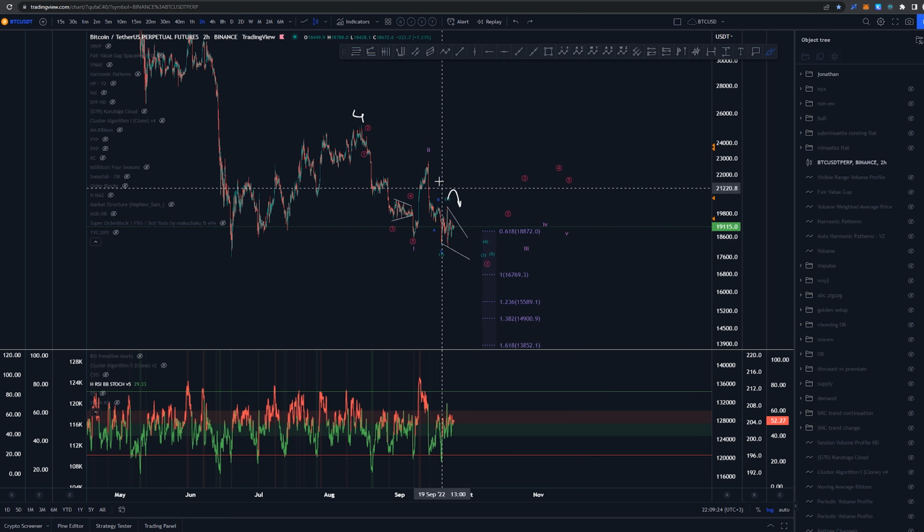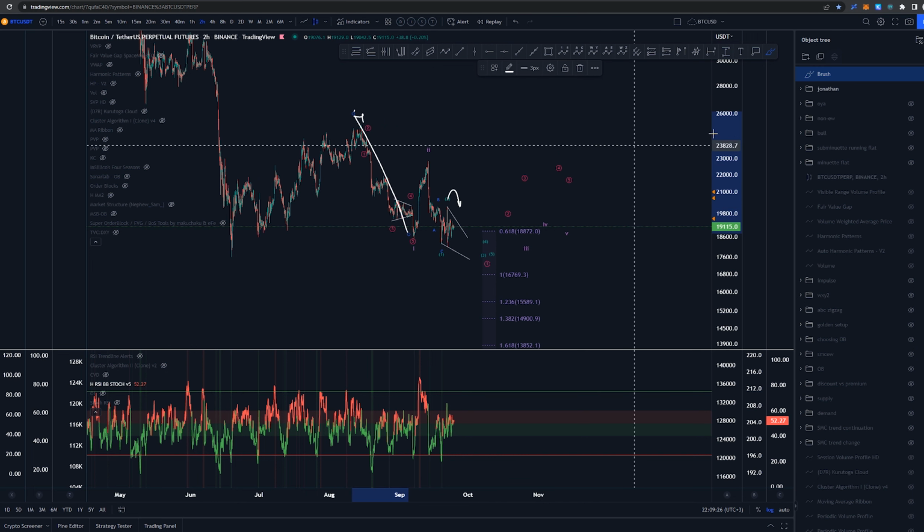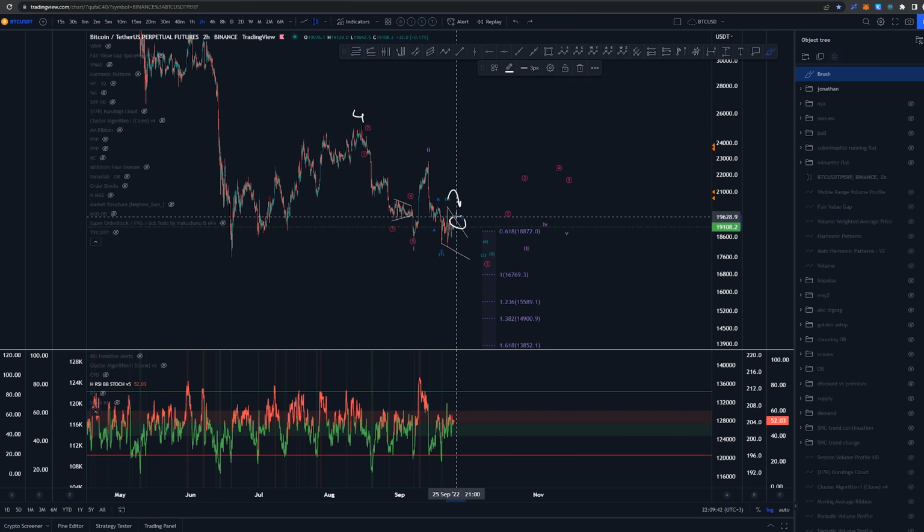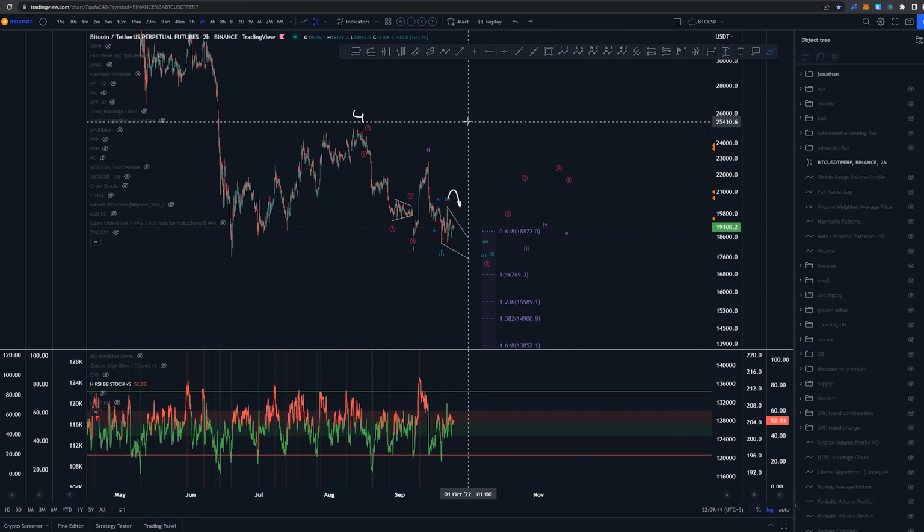Whether it's going to be doing it with this count in mind or not, we'll see. But yeah, that is going to be very interesting. I wouldn't be too keen on taking longs here at all. I would be preferring short positions in any case, even if it is just on these local time frames. But those are things that I am looking out for at the moment.